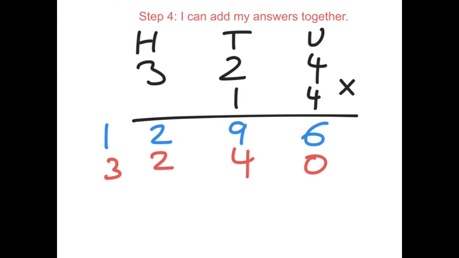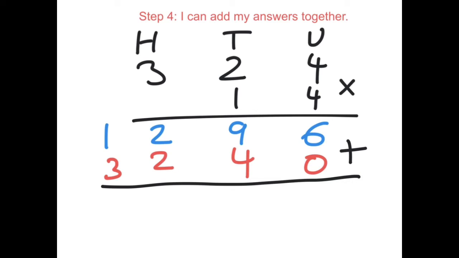Almost there then. So step 4, I can add my answers together. Now, if you can do column addition, this is going to be really, really simple. So we've got the answers here, 1,296 and 3,240, and all we have to do is add these two answers together. Remember, in column addition we always start with the units.